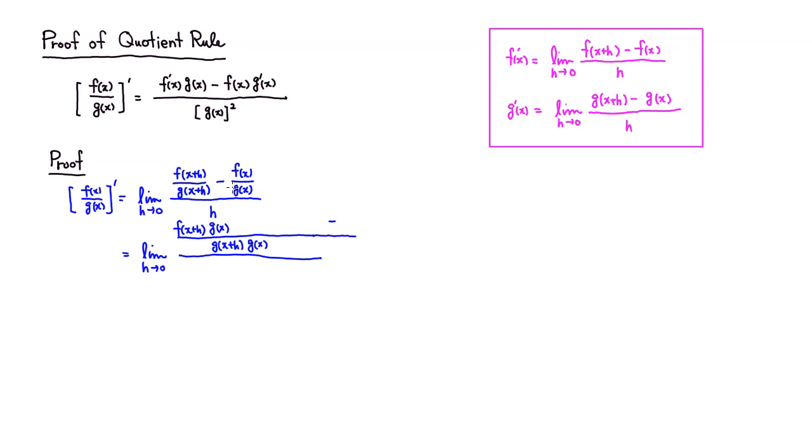Since we multiply g of x by g of x plus h, we have to multiply the other term by the same thing: f of x times g of x plus h. And then all over h.